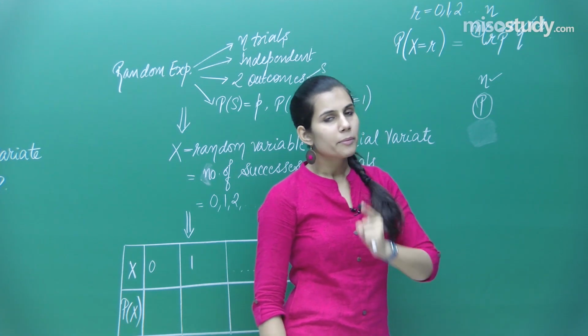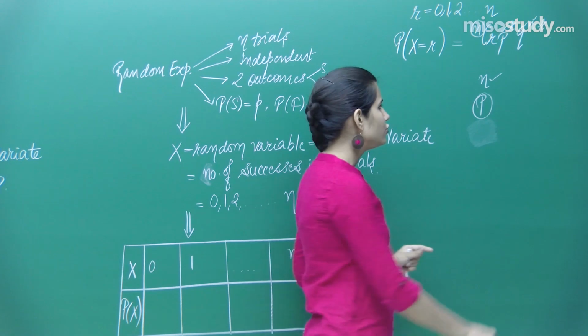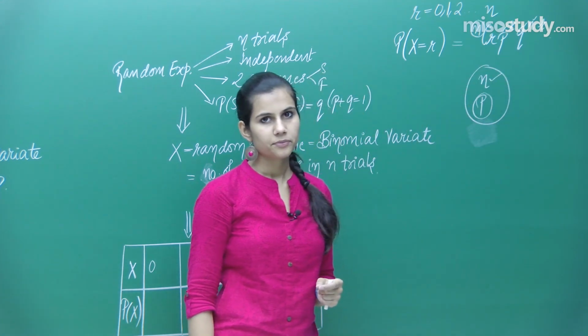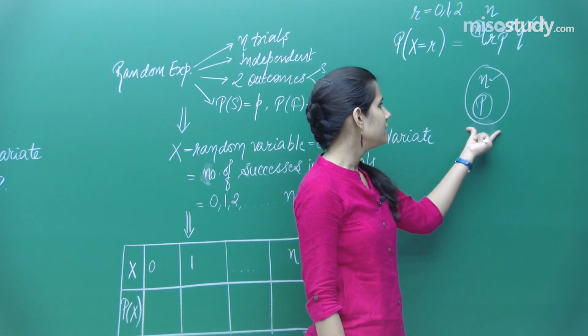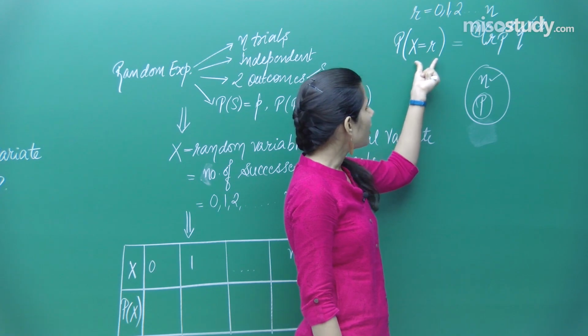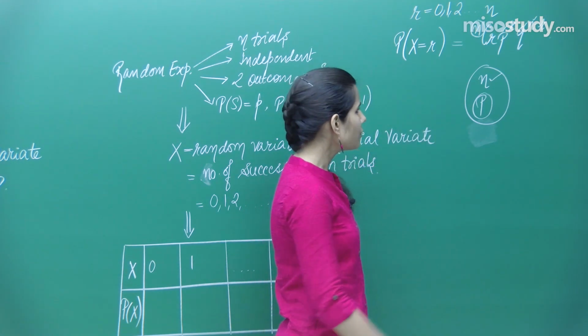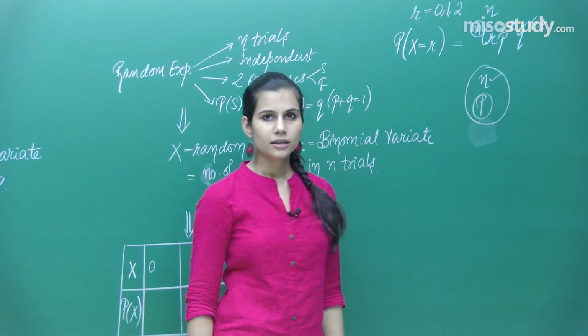That means the probability of getting R successes in n trials can be obtained very easily just by having these two parameters n and p. Are you understanding? That is why you need only two things to calculate the probability of R successes in n trials. Clear?